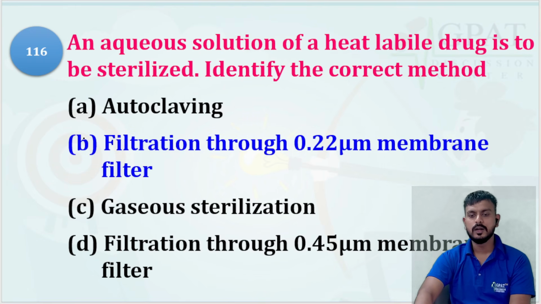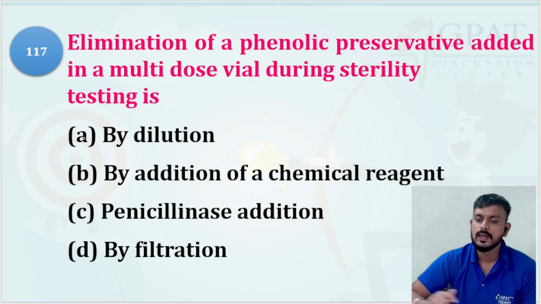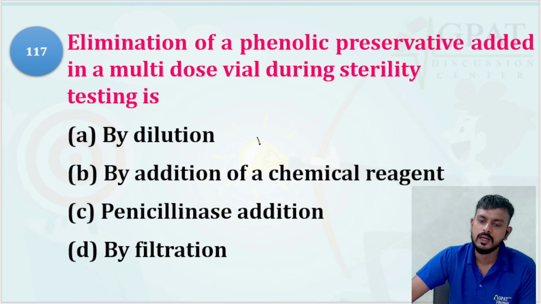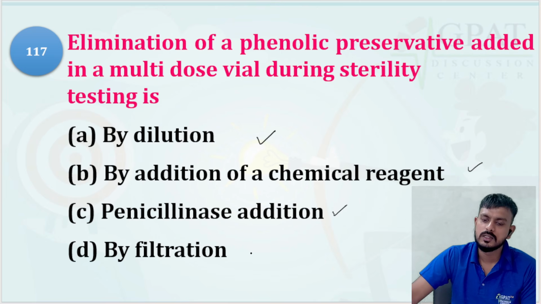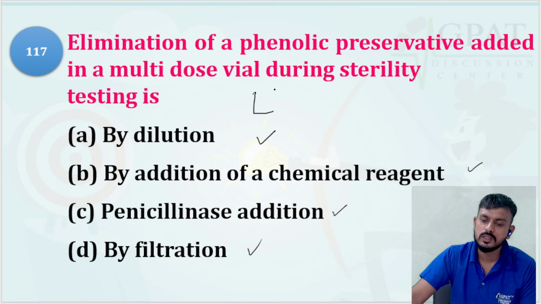Question number 117. Elimination of phenolic preservative added in a multi-dose vial drug sterility testing is by dilution, by adding a chemical reagent, by penicillinase addition, or by filtration. What does it mean? Suppose this is a drug preparation. To increase its shelf life, we added this phenolic preservative.